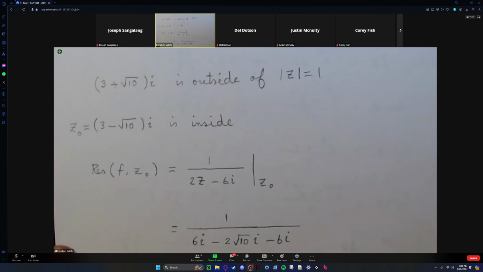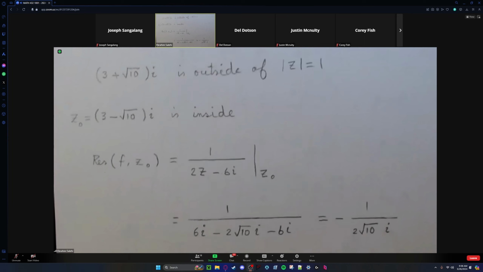So the 6i's cancel. So this is just negative the square root of 10i in the denominator. Note that this is the residue.